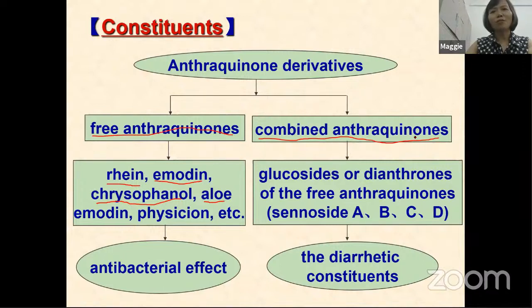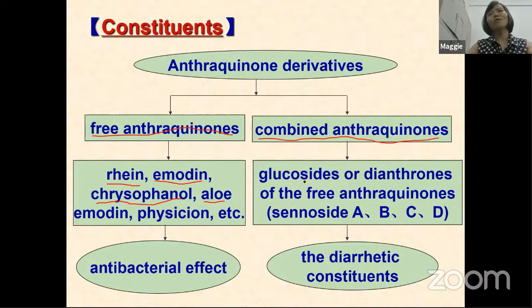Combined anthraquinones, such as glucosides or dianthrones of the free anthraquinones, such as sennoside A, B, C, and D. These combined anthraquinones are usually used as diuretic constituents.